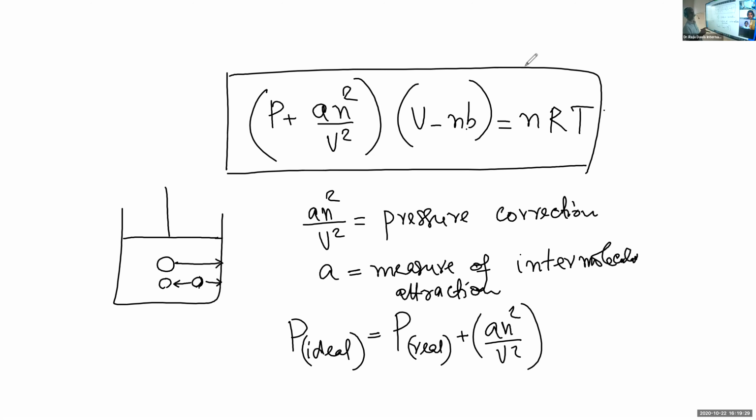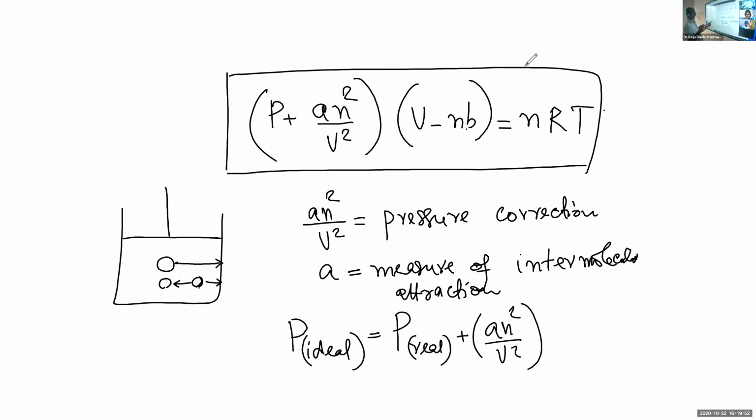So the measured pressure will be a lower value than that expected for an ideal gas. So the ideal pressure should be greater than the real pressure measured. Why?